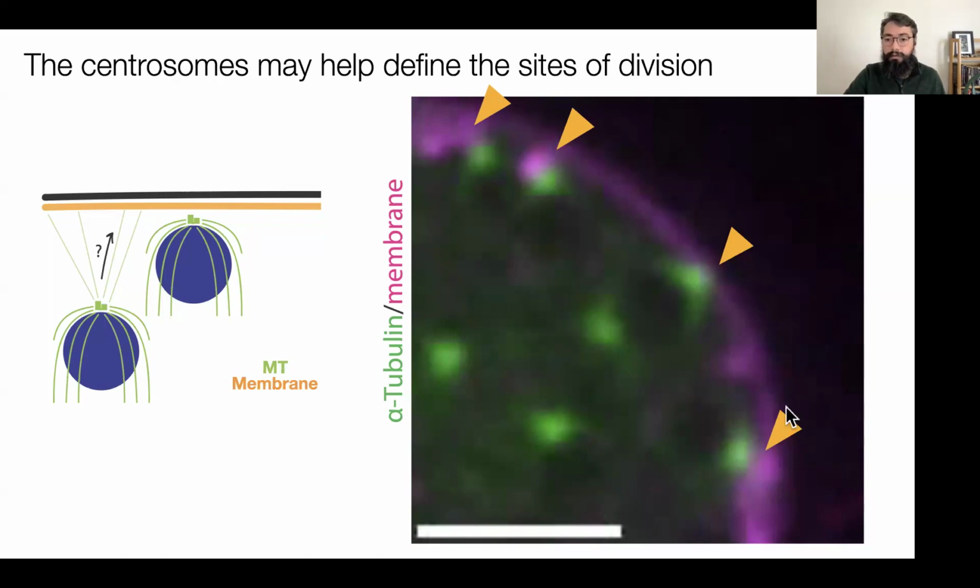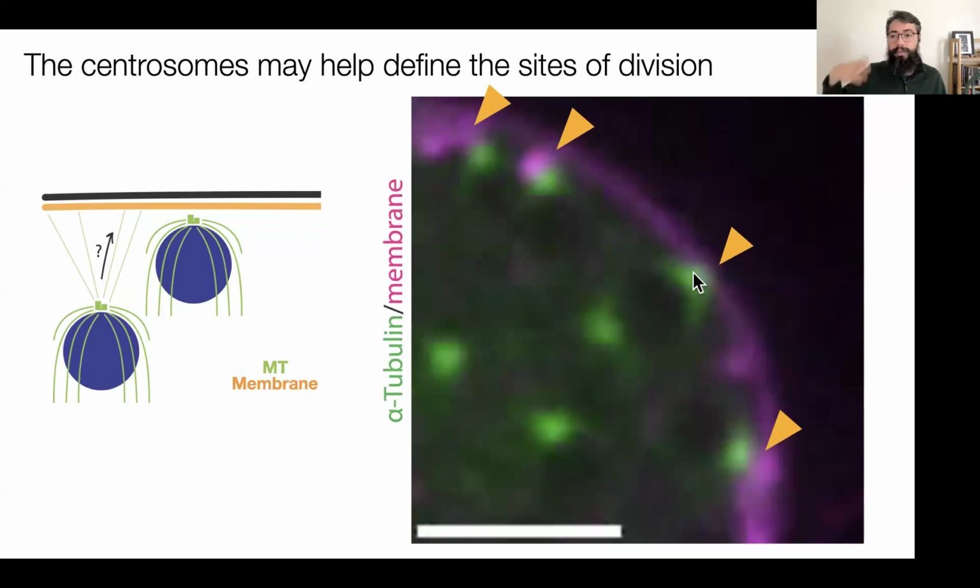Each of those arrows shows the location of the interaction of 4 different nuclei with the plasma membrane. 3 of those nuclei have already undergone the last nuclear division, and there's 1 nucleus that still has 2 centrosomes and is going to undergo the last nuclear division.